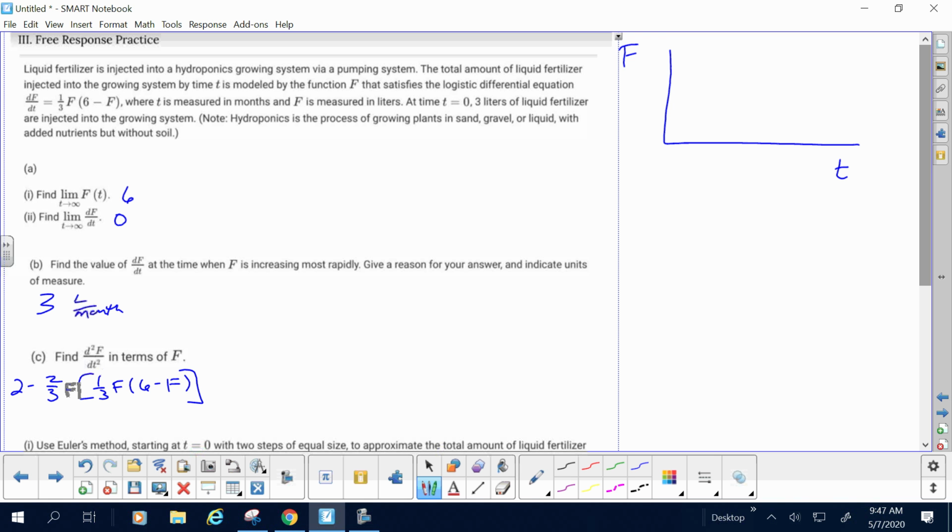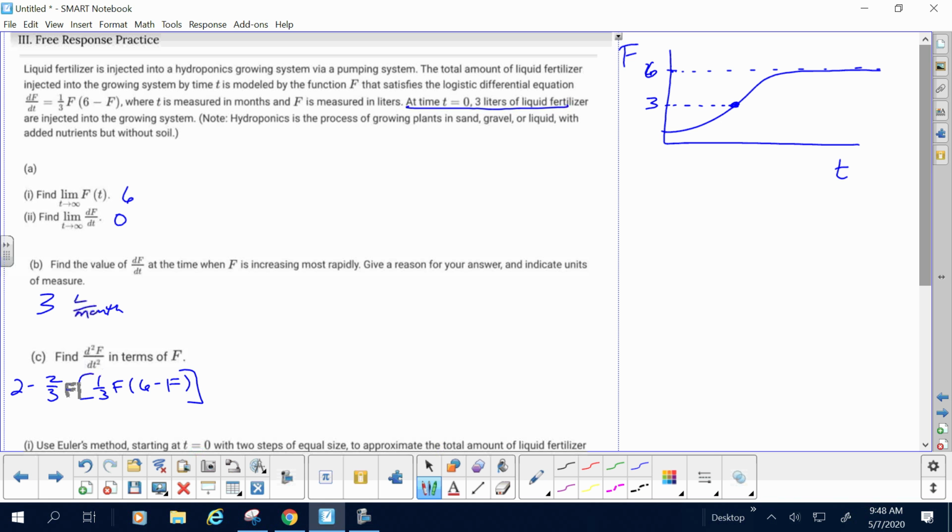All right. Now I know the carrying capacity is 6, and the shape typically looks something like this, yeah? But reading on, it says that at time 0, now normally then, sorry, not normally, the max growth rate, that inflection point happens at half the carrying capacity.